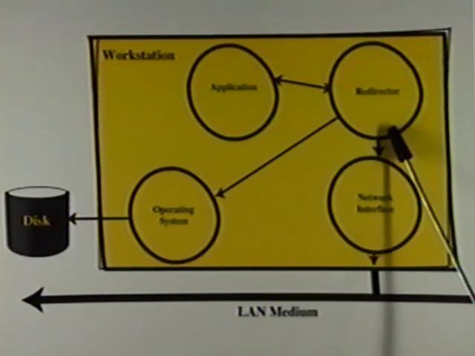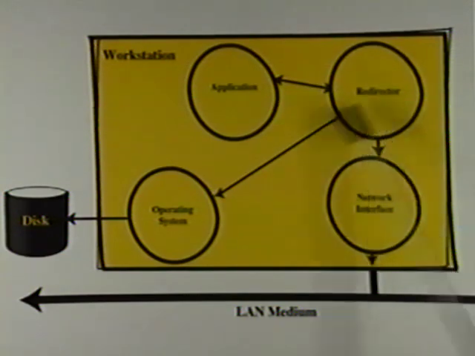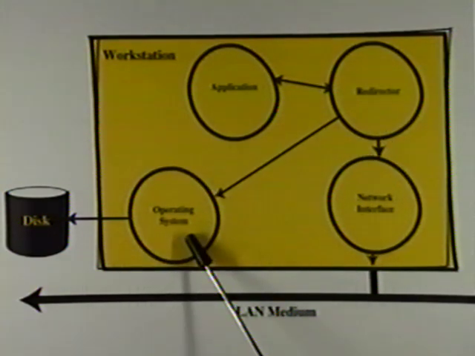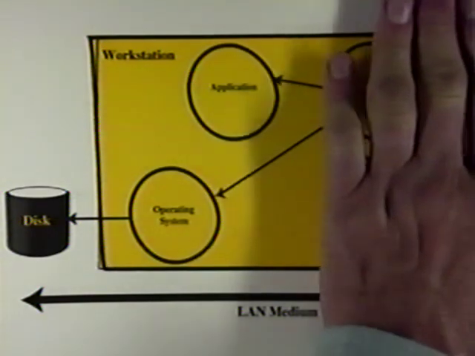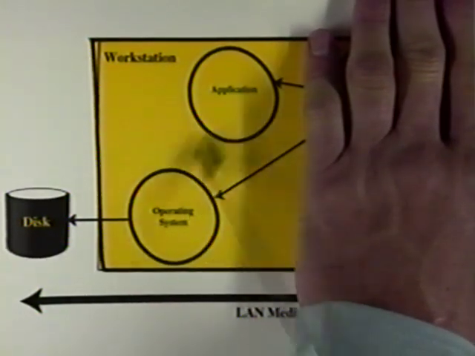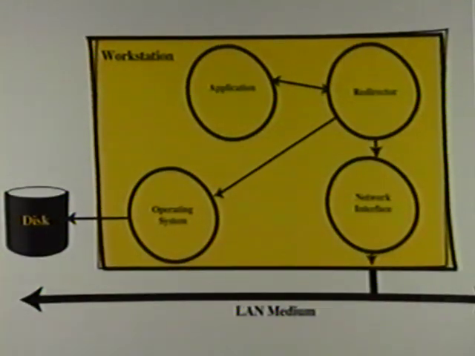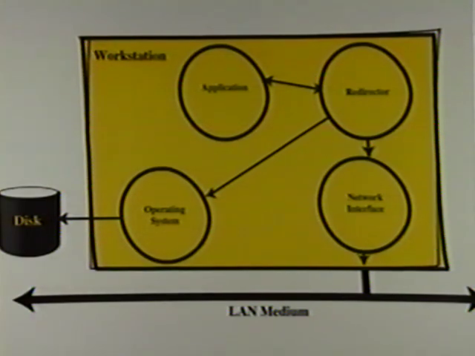For example, the redirector is going to examine your requests, and then if the request is local, it sends it to the operating system. If this part didn't exist, the application would have just sent that request to the operating system directly. So this makes the operation of the software slower and less efficient.